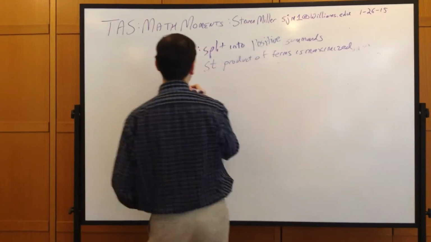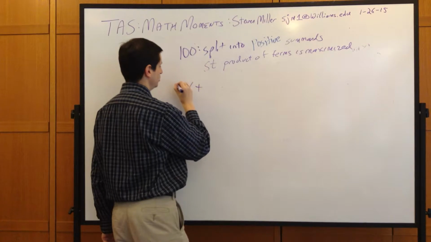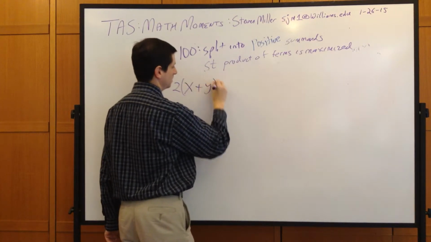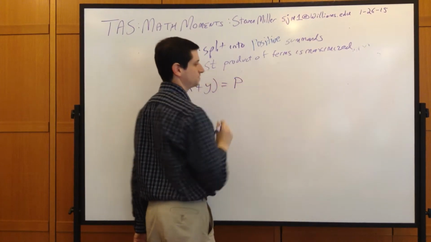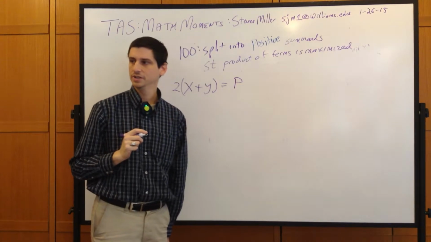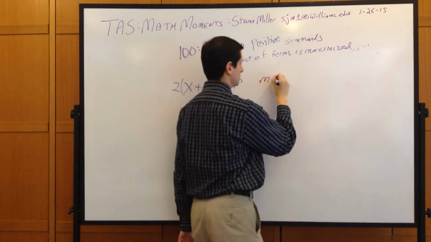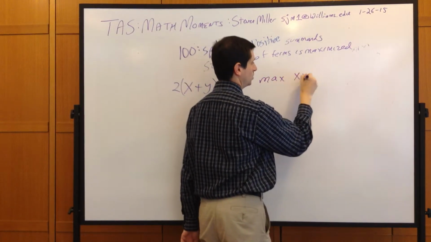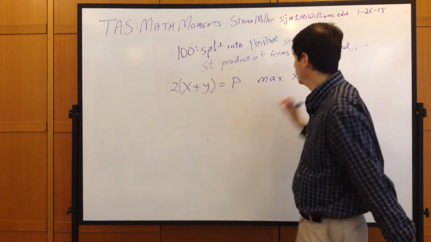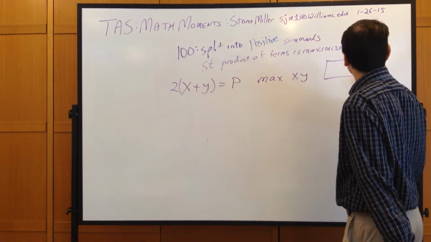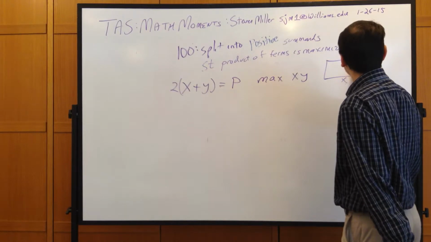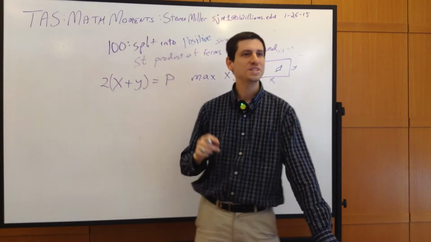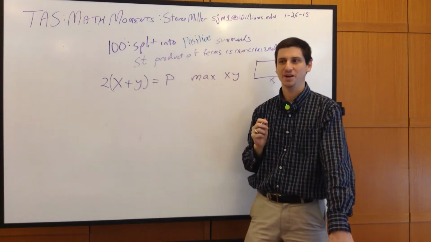So you have 2x plus 2y equals the perimeter, and you want to maximize x times y, the area. Here's x, here's y. What is the maximum area you can give the cows?